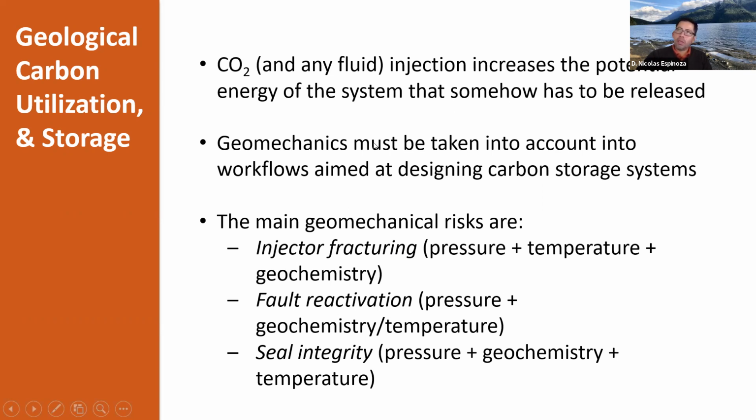And we have to take geomechanics into account in the design of these carbon storage systems a lot more than in the typical workflows for oil and gas production. The things that we have to be careful about are mainly injector fracturing, fault reactivation, and also seal integrity.